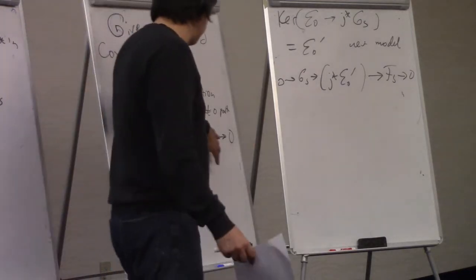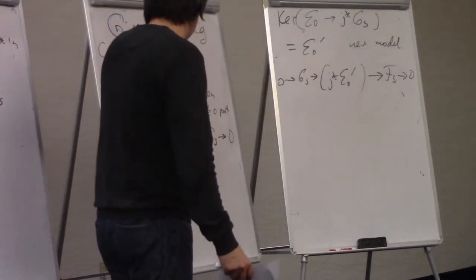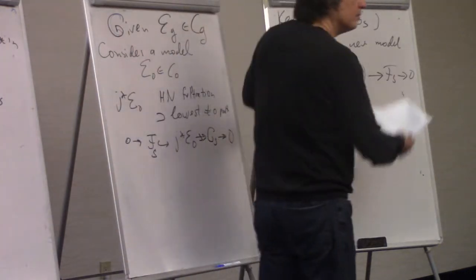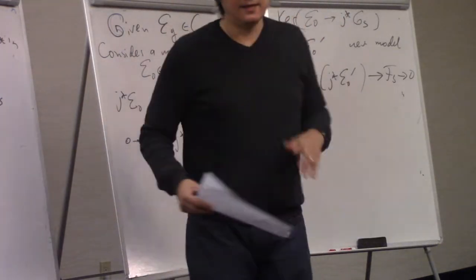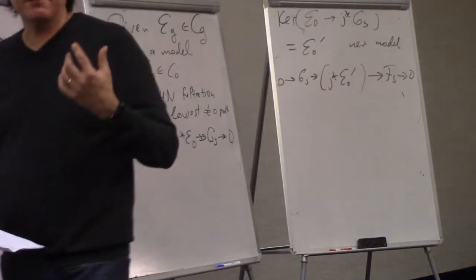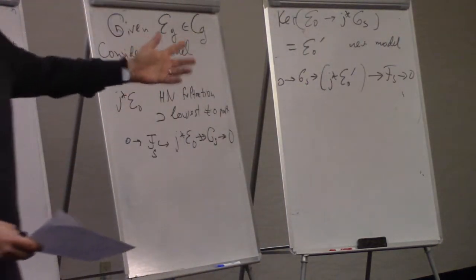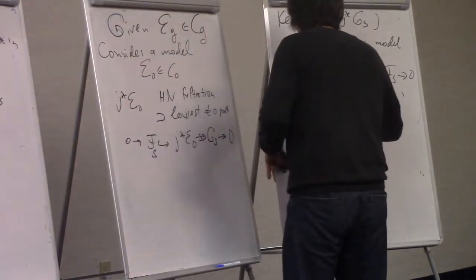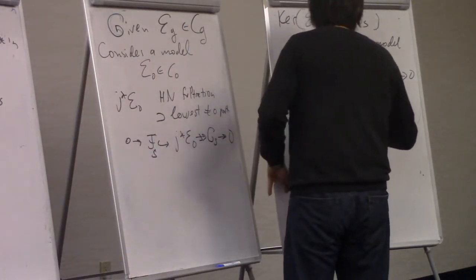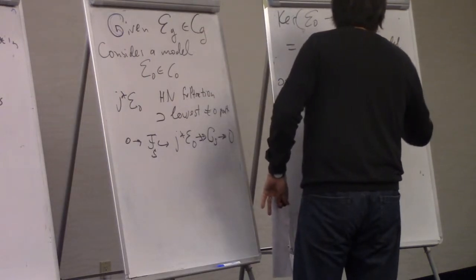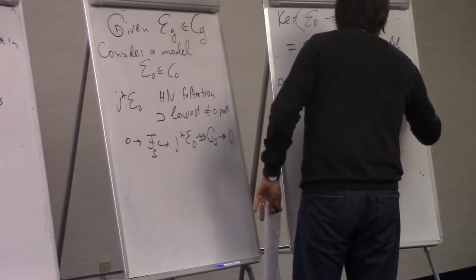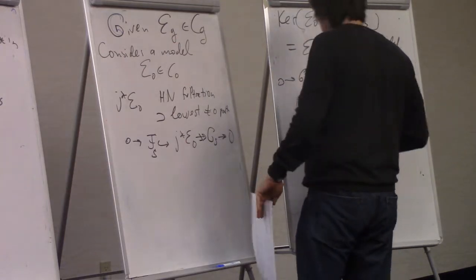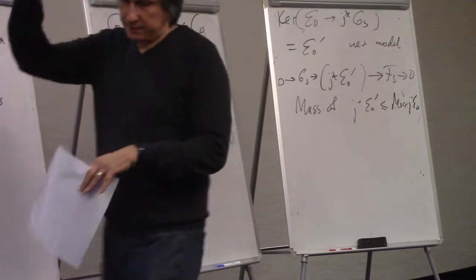So you get a mass, and the mass of this guy will be the mass of this guy plus the mass of this guy because of the harmonic filtration. But now we exchange their roles, and then the mass of the harmonic filtration will only be smaller. It satisfies a triangle inequality. So the mass of the special fiber of the restriction is less than the mass of E0. So the masses start to decrease.